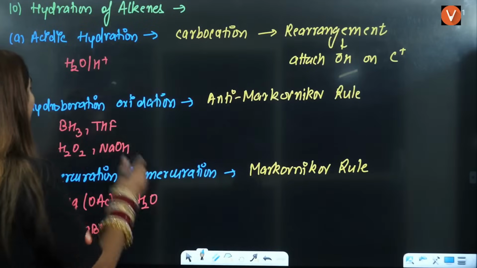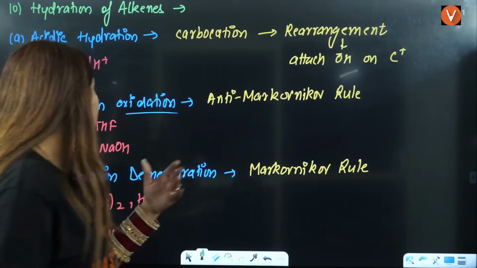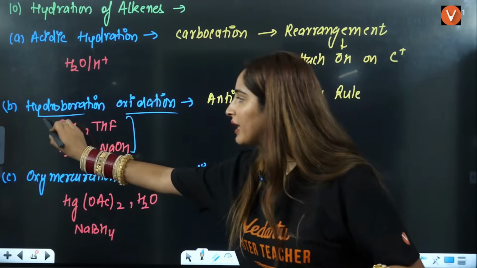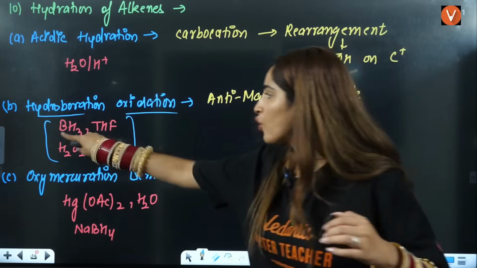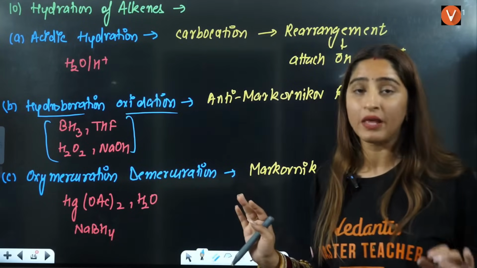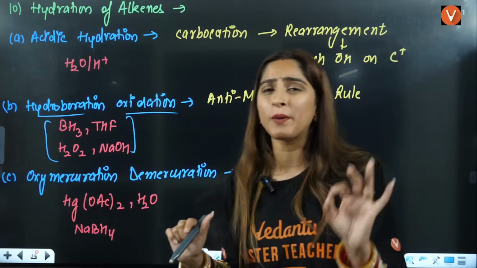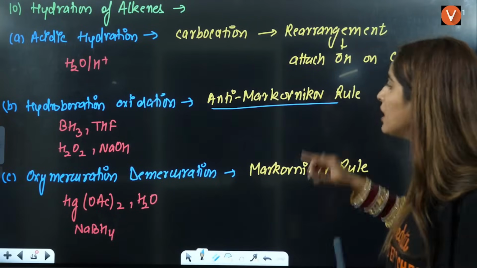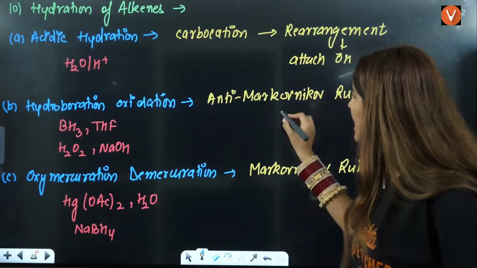But if you talk about hydroboration oxidation, that is, if you use BH3, THF, H2O2, NaOH all together, then that is the hydroboration oxidation step. In this case, you don't have to prepare any carbocation, directly use the anti-Markovnikov rule. What is the anti-Markovnikov rule?